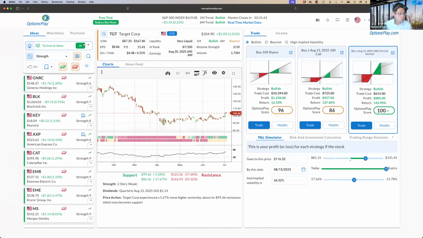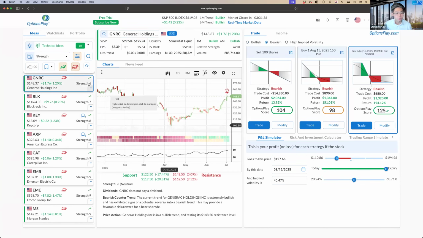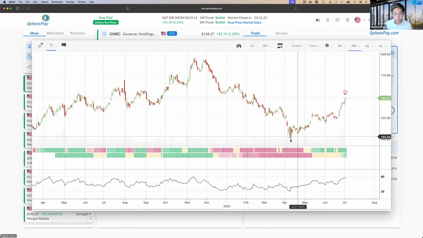So we can take a look at a few of them, just to see what they look like before we do a little bit more filtering. Okay, let's just take a look at some of these, right? So Generac Holdings, as you can see, this was a $99 stock that's now a $150 stock. So this stock has made a pretty nice run here in the last couple of months.